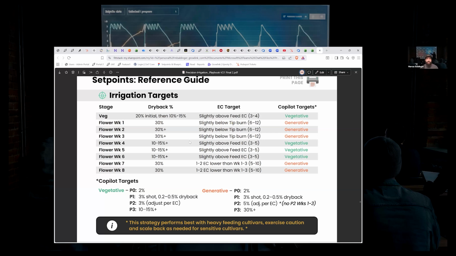This is for when you've got a good genetic, what I call a heavy feeder, that you can throw anything at and you're not going to hurt it for the most part, or it's not a very sensitive strain. Those are the ones that you can really make shine here. You're unlocking things out of them where you think, man, this was already a pretty decent strain before, but now look what it's capable of doing.